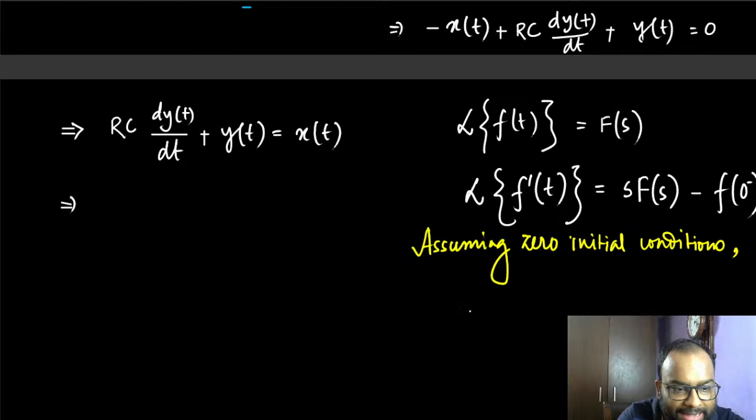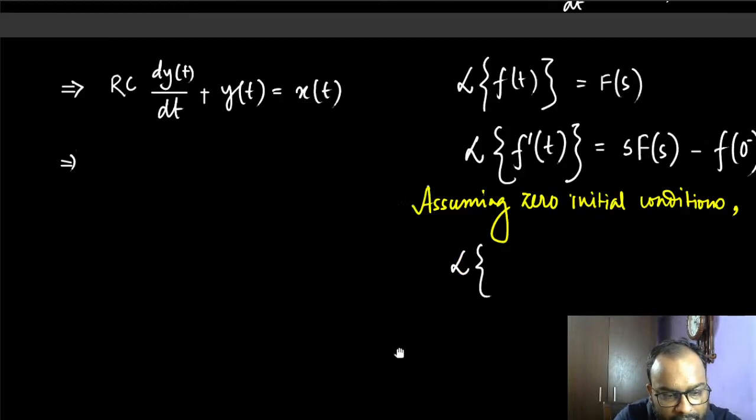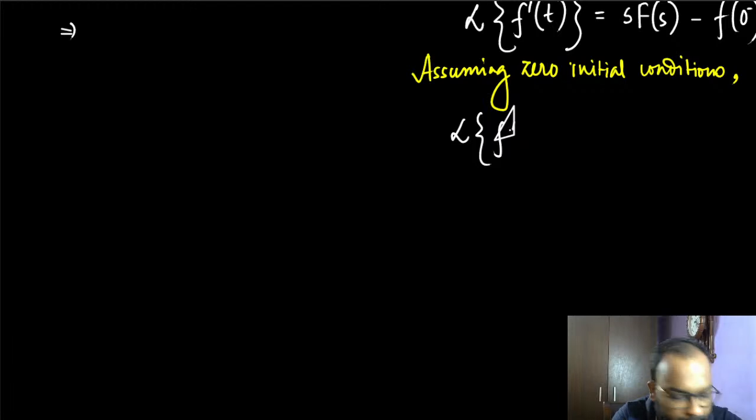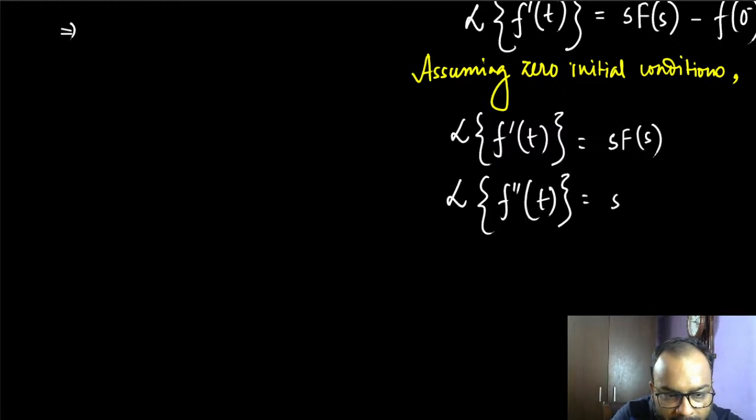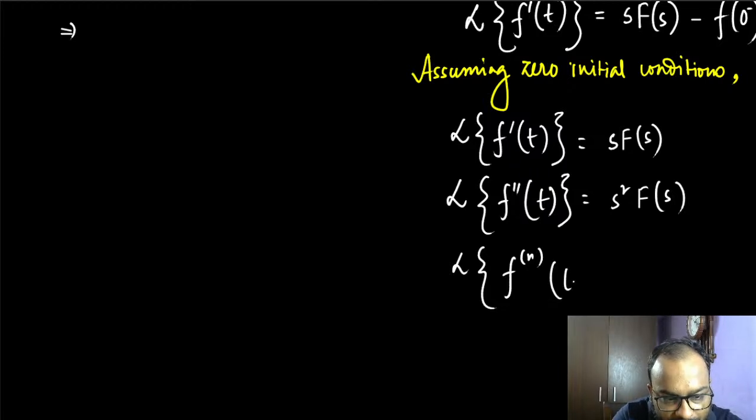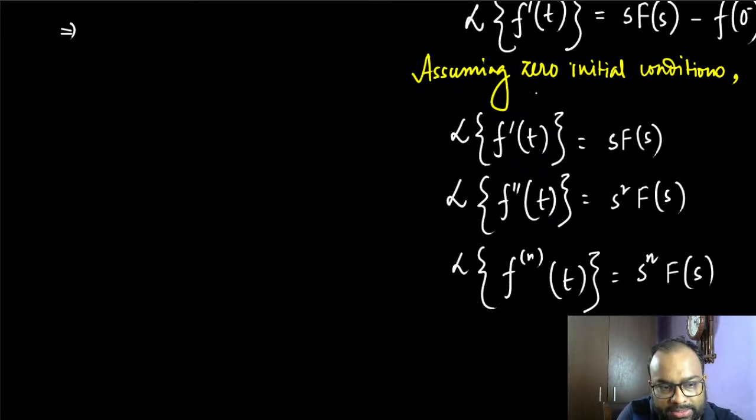We can then say the Laplace transform of the derivative of f(t) will be sF(s), and later on we are going to see that the Laplace transform of the second derivative of f(t) is going to be s squared F(s). The Laplace transform of the nth derivative of f(t) is s to the power n F(s), assuming zero initial conditions.